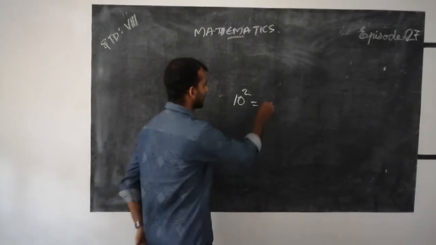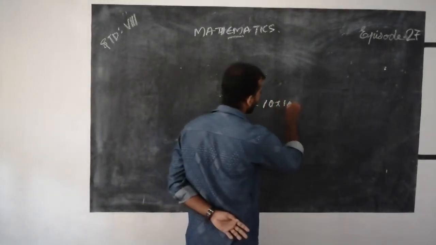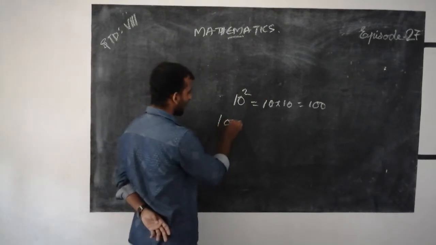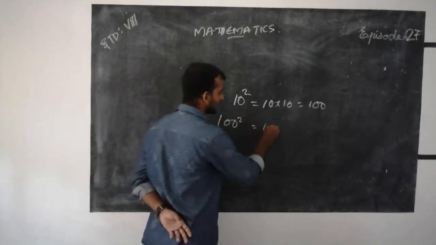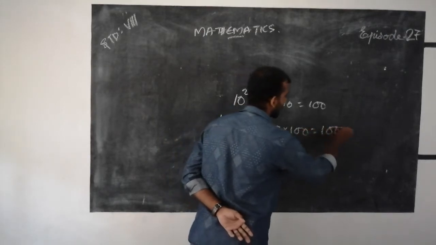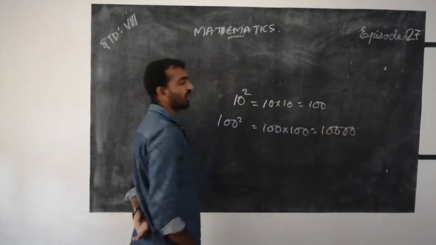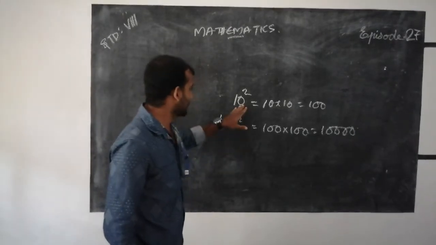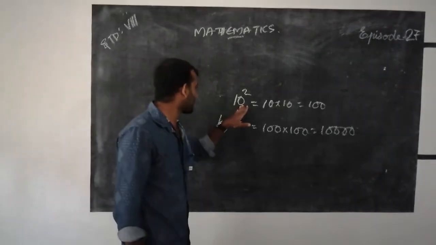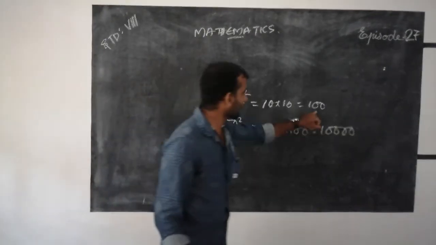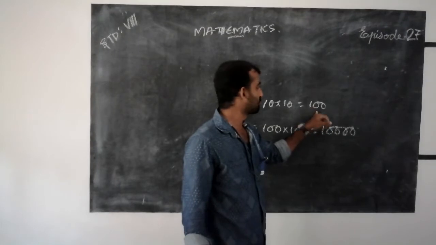First, we already know the square of ten. 10 into 10 we get 100, and the square of 100 is 100 into 100, which is 10,000. Looking here, the number of zeros in the number is 1 and the number of zeros in the square is 2.